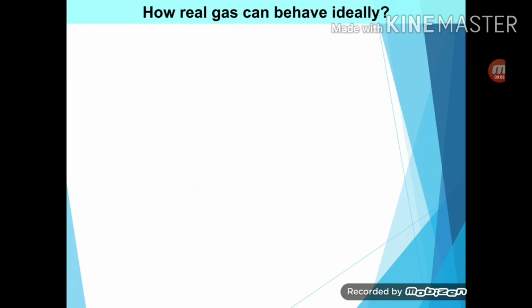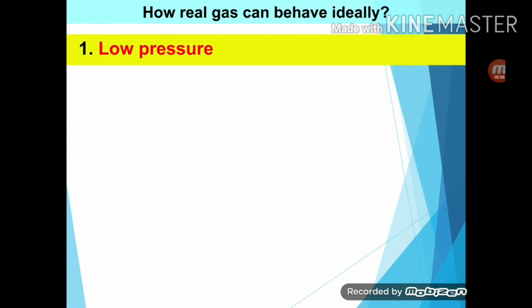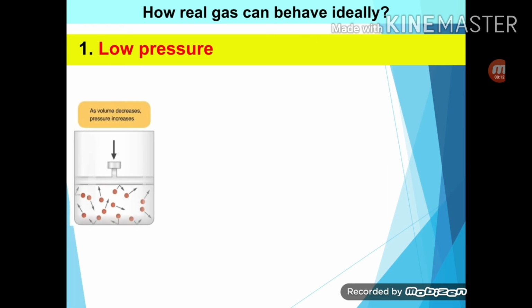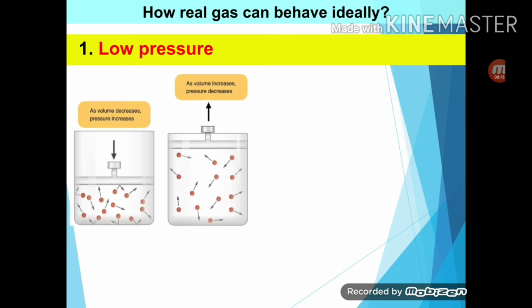Let's discuss the first condition, which is at low pressure. To help you understand more, look at this diagram. So we have two containers. This is the first container and this is the second container. You can see that the number of molecules in the second container is the same as the number of molecules in the first container. But the volume of container number 2 is bigger than the volume of container number 1.